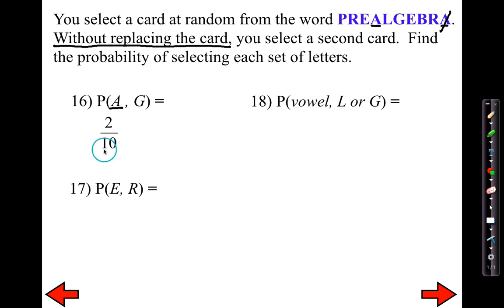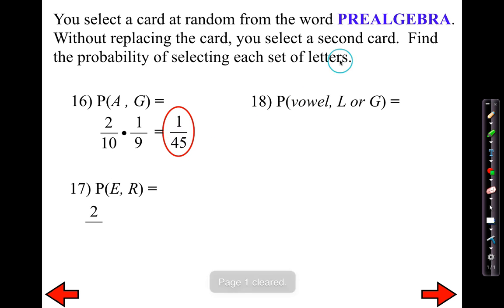Now notice it's not going to be out of 10 anymore. It's going to be out of 9. You'll notice here 1, 2, 3, 4, 5, 6, 7, 8, 9. There's only 9 left. What's the probability of getting a G? Well, there's only 1 G. So that would be 1 over 9. Here, you're going to double check if you can reduce or cross-reduce. Here, we could reduce to 1/5 times 1/9, and your answer should be 1 over 45.